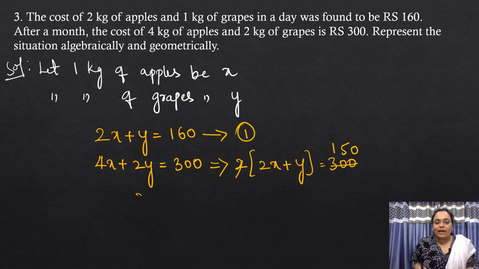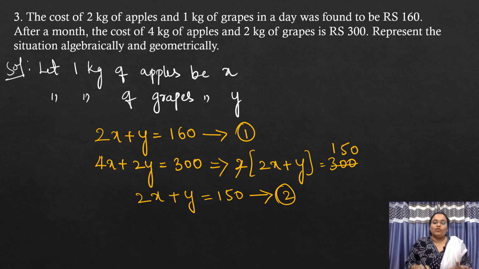So from here you get equation number 2: 2x plus y is equal to 150. So we have got 2 equations: this is equation 1 and this is equation 2.